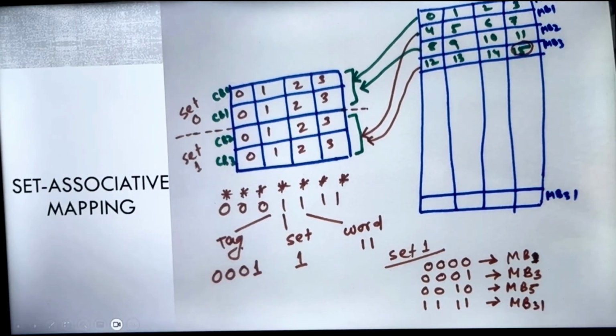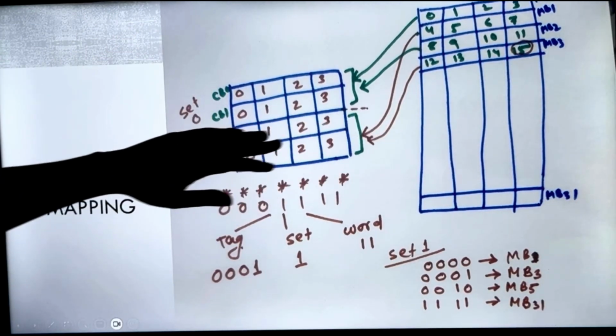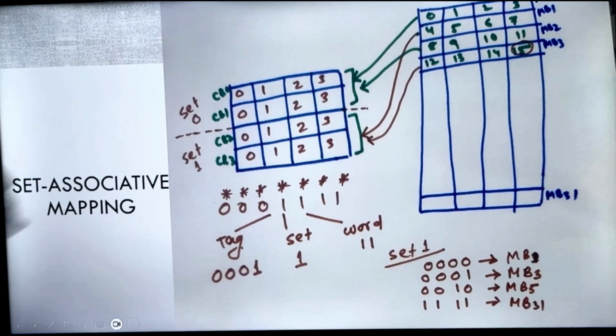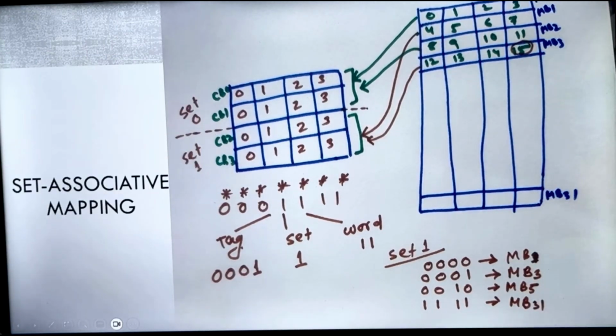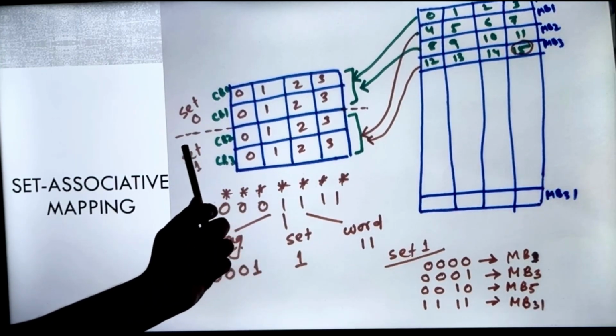Now what is a set? This is a new concept here. In set associative mapping, we further group the cache blocks into sets, and the size should be equal. If you take two cache blocks in one set, we call it two-way set associative mapping. If you take three blocks in one set, we call it three-way set associative mapping.